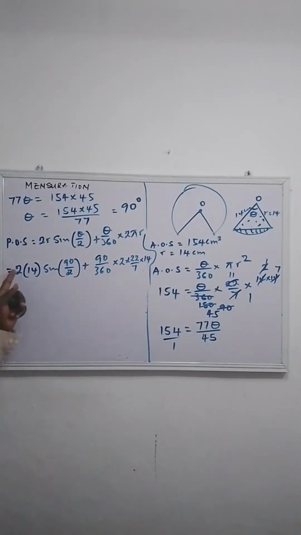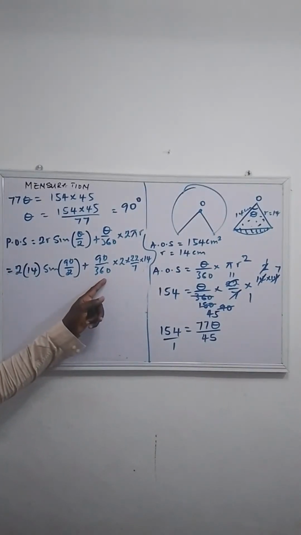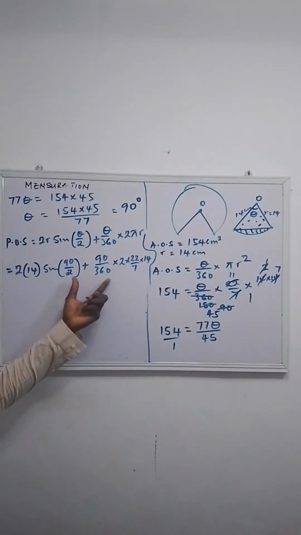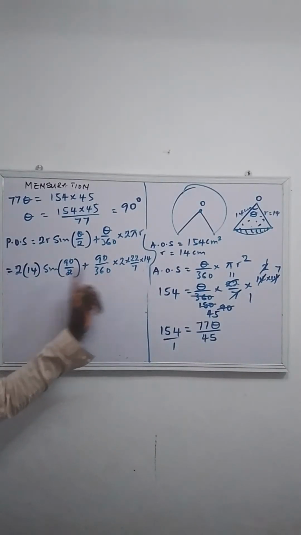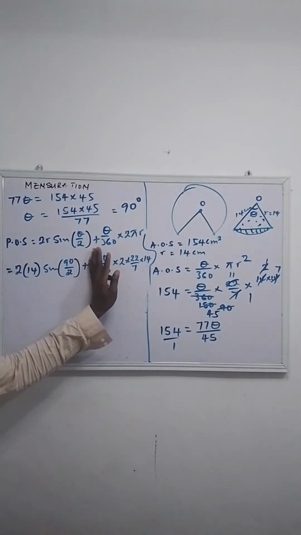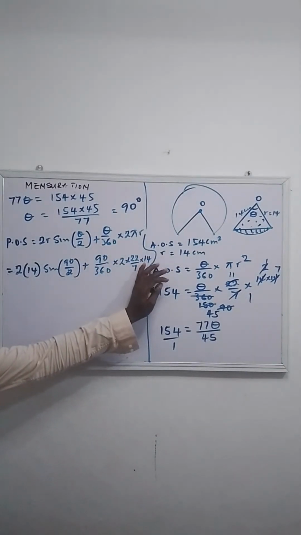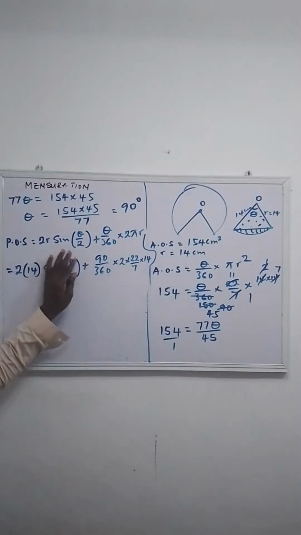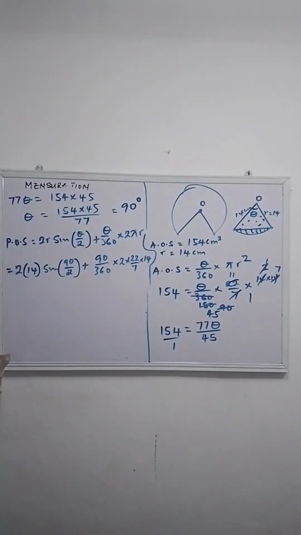Please don't say these two cancel this one here. You cannot connect this and this together. So many students make mistakes here. So you evaluate the values at the right hand side separately and the one at the left hand side separately. Then you add together. Let's pay attention to that.